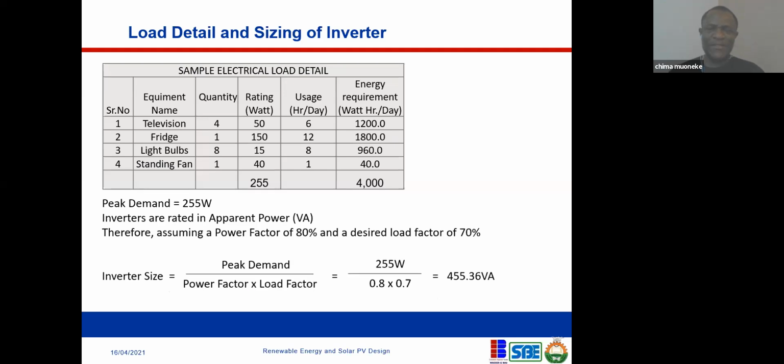So now, like I said, the inverter is synonymous to your generator. Let us determine the size of inverter that we're going to need to power these appliances.